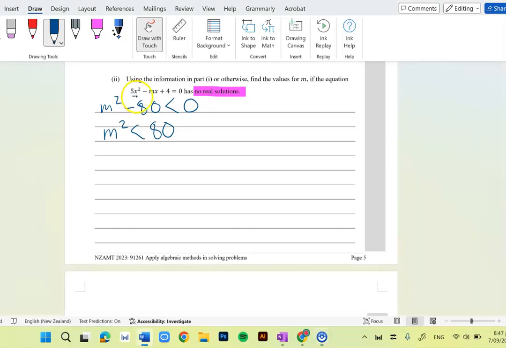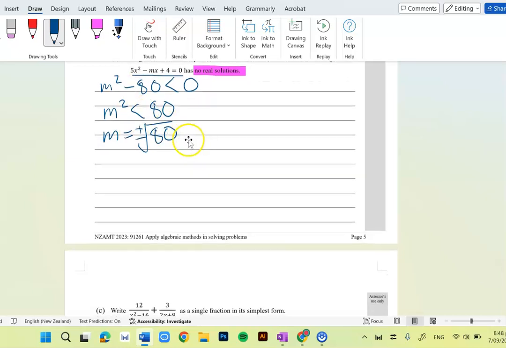Notice how this is a positive parabola. So when we have m, it's either going to be equal to plus or minus the square root of 80. So the range of values must be between plus or minus the square root of 80. So if I write something like this, this is a positive parabola.